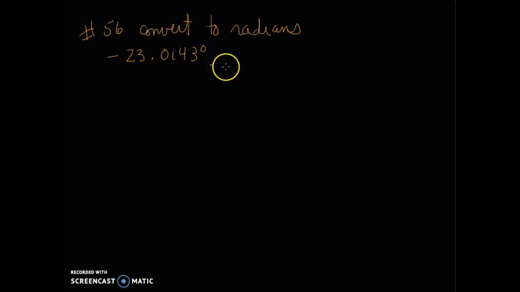Well, this time it's not going to be so nice to cancel and stuff. When we convert it to radians, pi goes in the numerator, 180 degrees in the denominator, so you can cancel the degrees. In these cases, we'll do our answer to 4 decimal places.